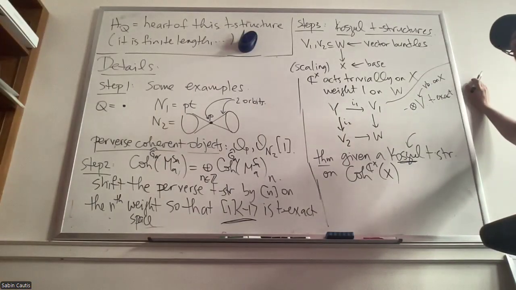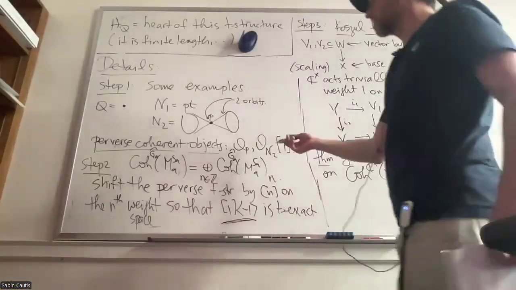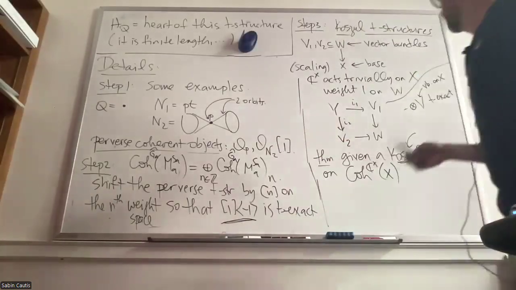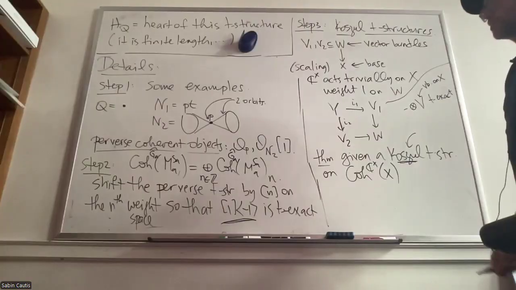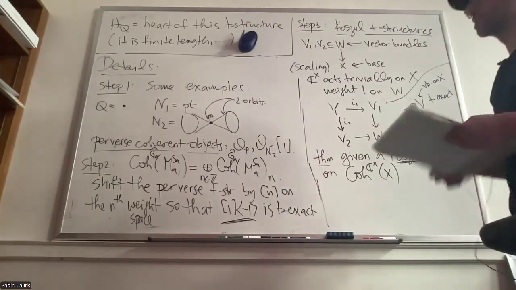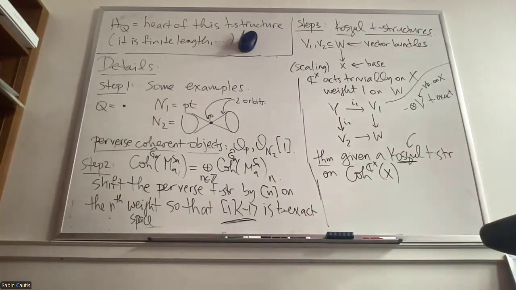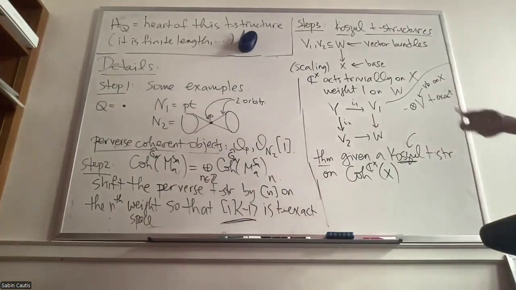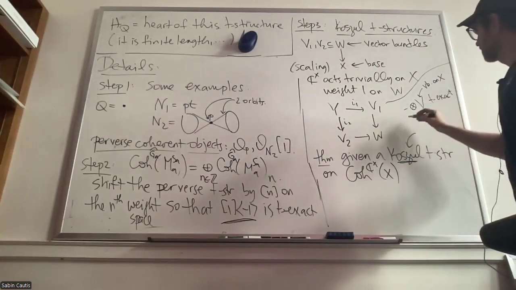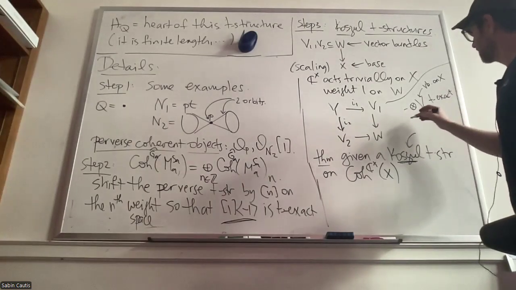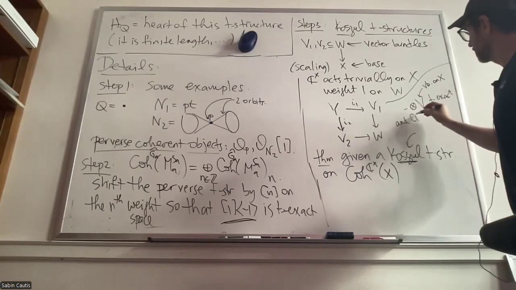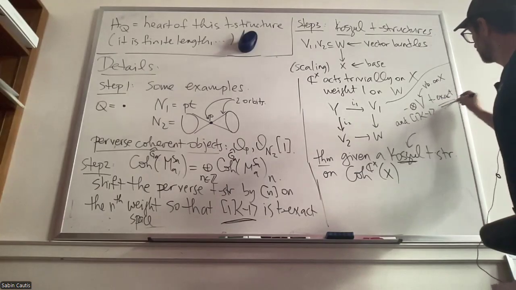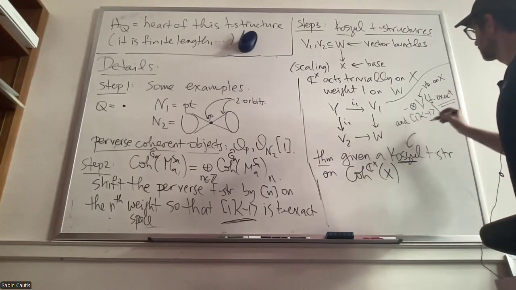For example, the standard T structure would be an example. Obviously, tensoring by a vector bundle is T exact. The perverse coherent T structure is also T exact when you tensor by a vector bundle. That just comes easily from the definition. Such T structures are sometimes called local T structures. So it's a local T structure such that this is T exact, and shifting by 1 and minus 1 is T exact. So both of these are T exact.